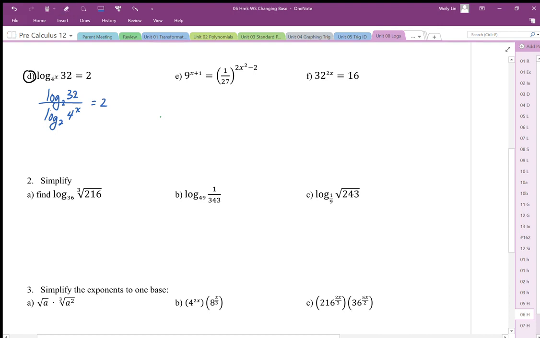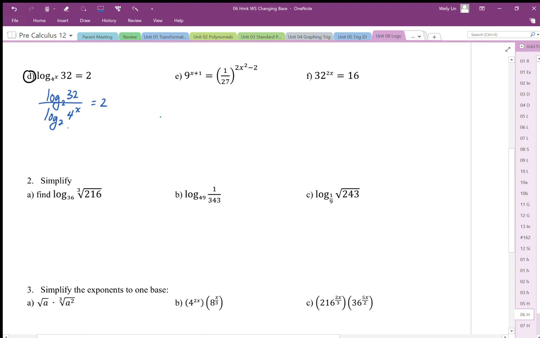I can actually work out the value of log base 2 of 32. That's going to be the exponent on 2 that equals 32. That's going to be equal to 5. The other thing is, this also allows the x to be taken out of the log as a multiplier, and then once we've taken the x out as a multiplier, we can now solve for x.